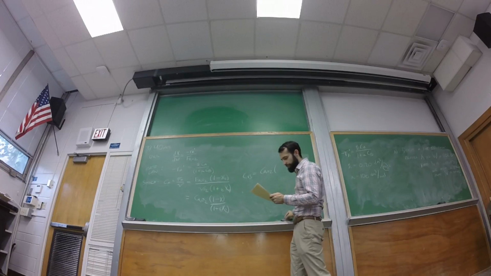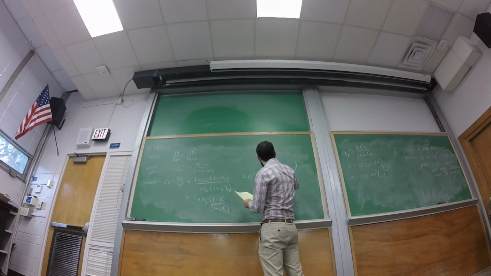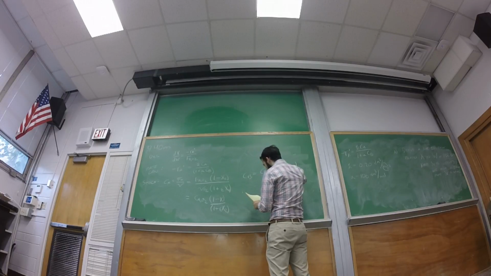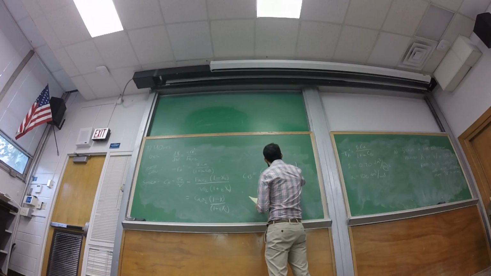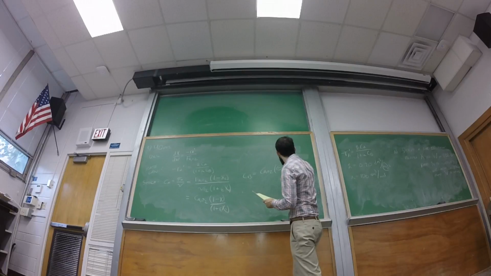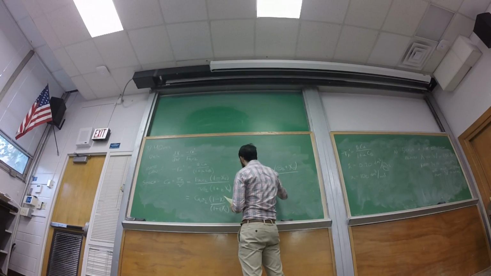I'm just trying to figure out why he doesn't have theta B here. Okay, and then you have plus x, and then the denominator is going to be the same.